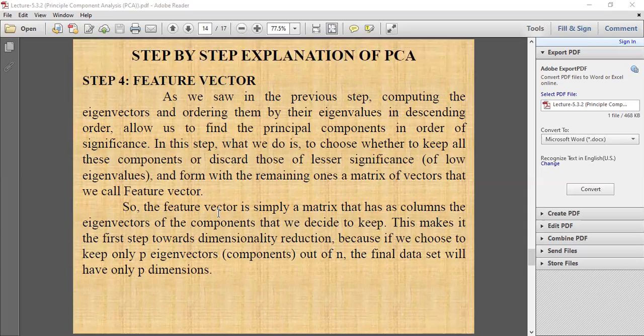So the feature vector is simply a matrix that has as columns the eigenvectors of the components that we decide to keep. This makes it the first step toward dimensionality reduction, because if we choose to keep only p eigenvectors out of n, the final data set will have only p dimensions.